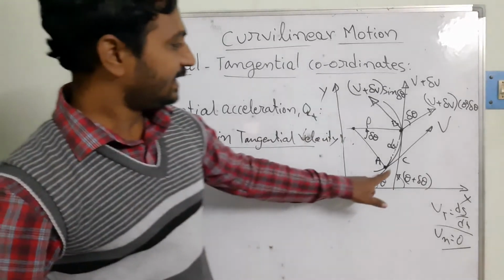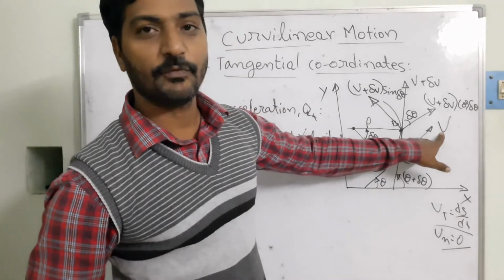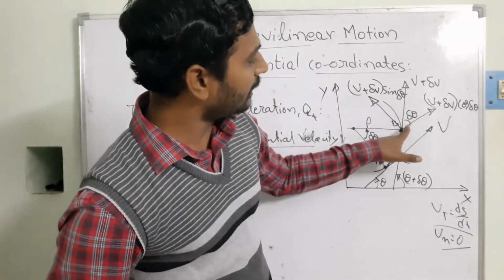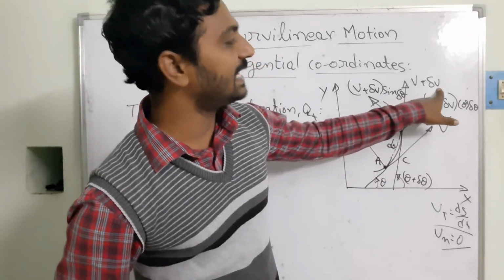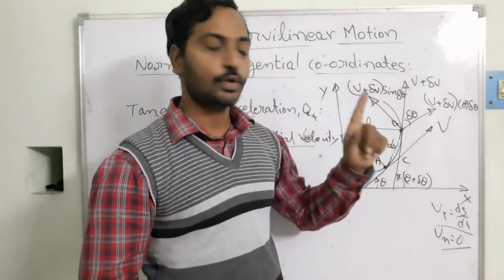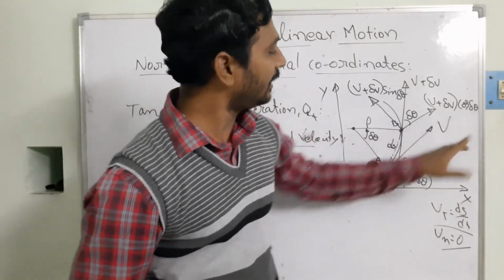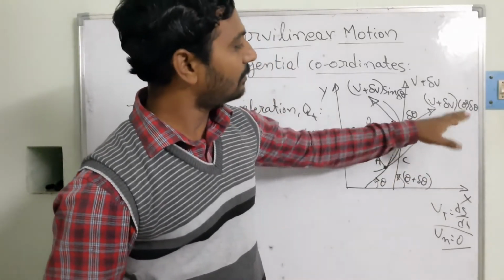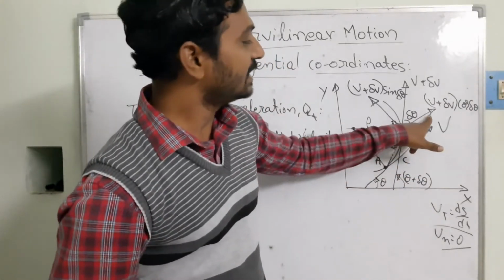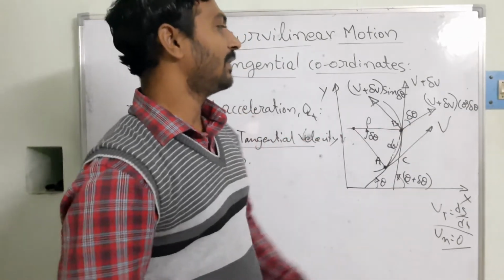Can you see, at this point the tangential velocity is V, but when it reaches point B, it becomes V plus del V. When I resolve into the two components, one is V plus del V cos del theta. Can you see, this matches over here. That means this is your tangential velocity component.